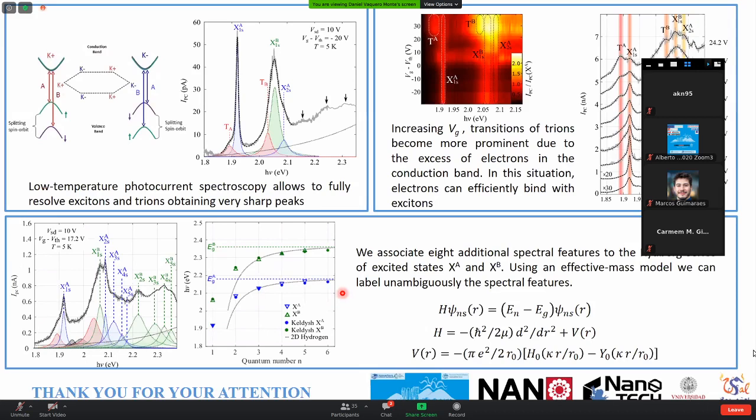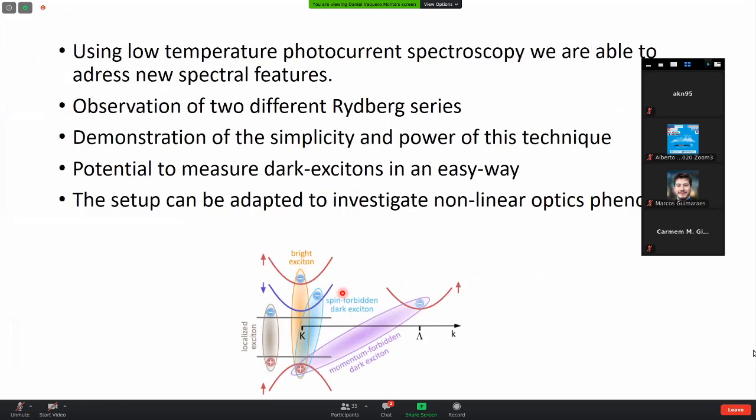Our next work, in my opinion, has to be how to try to measure these dark excitons with this technique, because the only thing that we think that we have to do is tilt the sample a little bit with respect to the excitation light, and this change of the direction of the electric field can allow us to see these different dark exciton states.